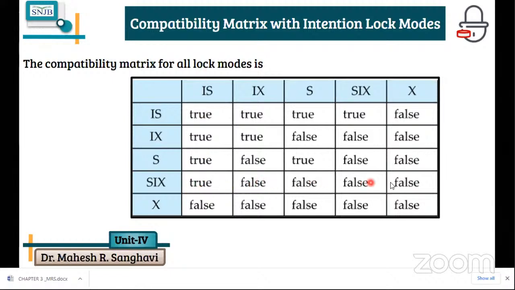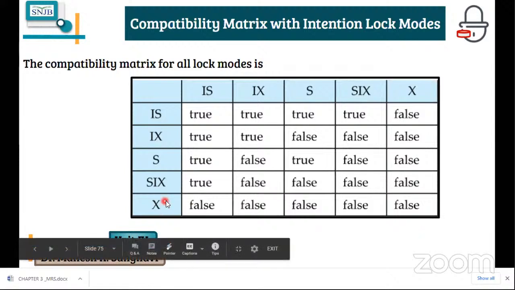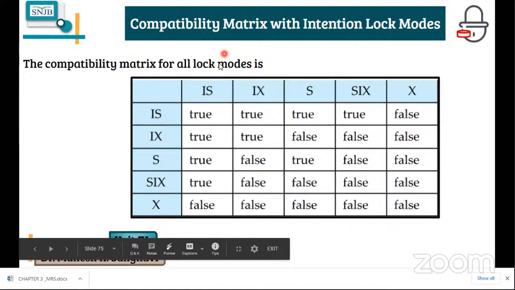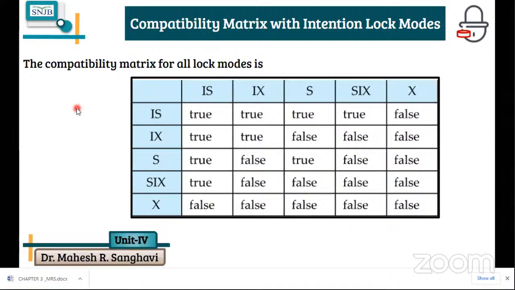Rest everywhere it is false. When I'm talking about exclusive mode, it is as good as saying that once you have locked a data item using exclusive mode, no one else can lock it. That's the beauty. You can observe here these are the types of modes, and it is the compatibility matrix that we need to understand.